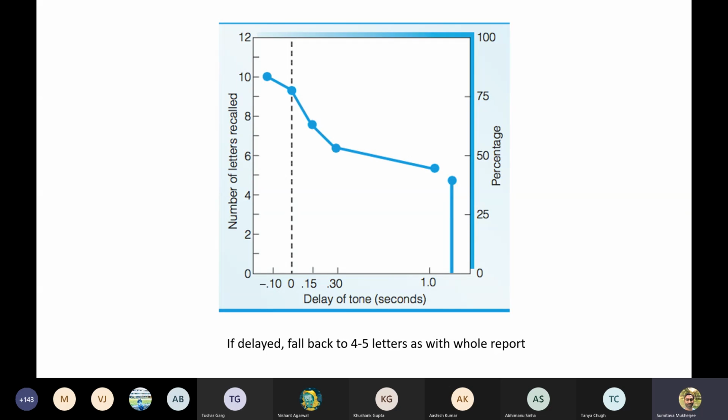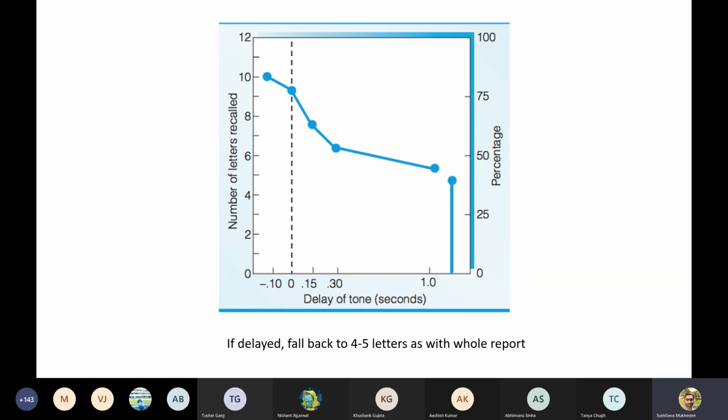What was happening in the whole report was typically people were reporting up to 3 to 4 letters. He is saying if you introduce a cue and that cue happens very quickly, either preceding or very quickly after, then you are really talking about 7 to 10 letters that people are able to recall, because you're multiplying the number of items that people are recalling with the number of rows.